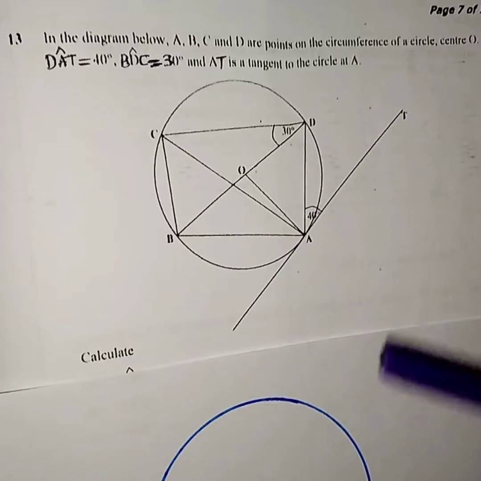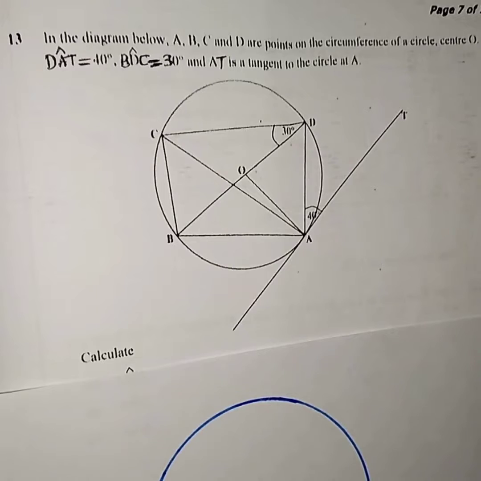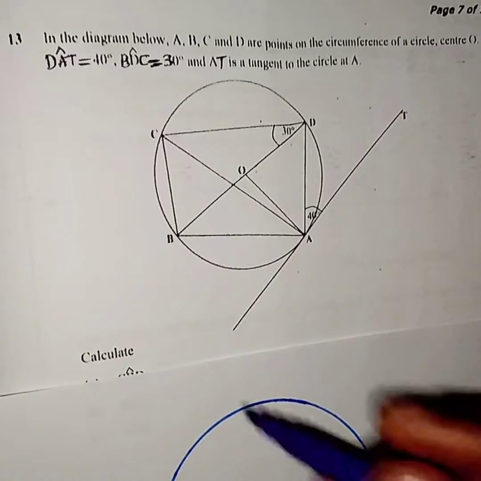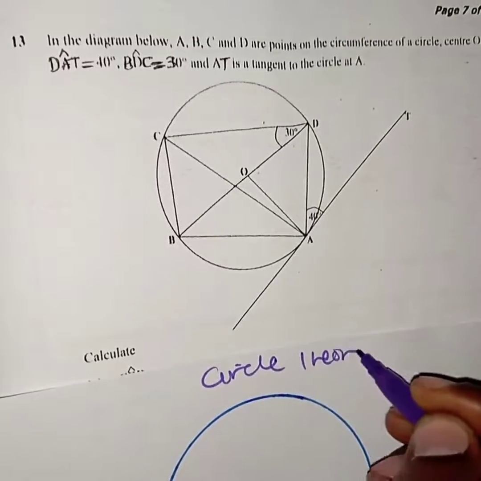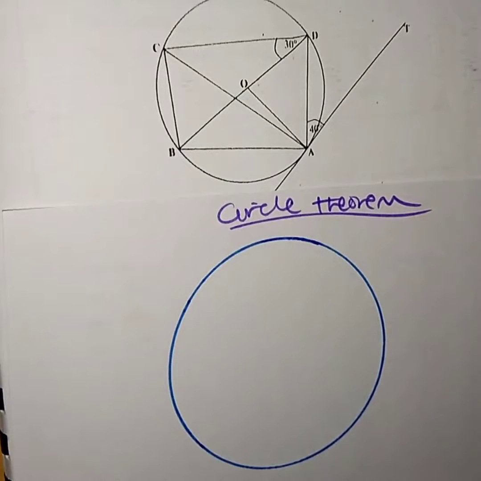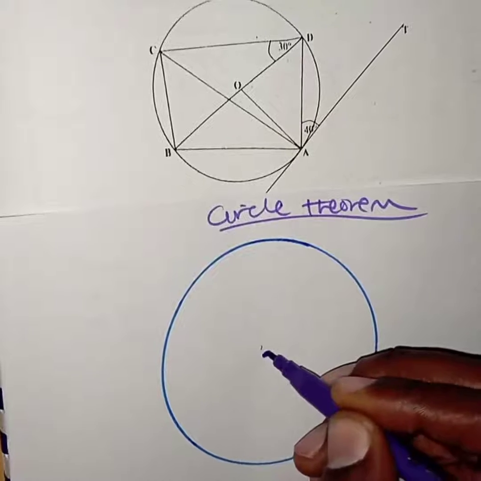So, before we get into details, let us look at the properties of a circle. This topic is under circle theorem. Okay, so now let's assume this is our center.